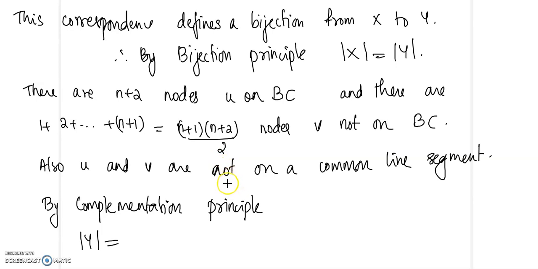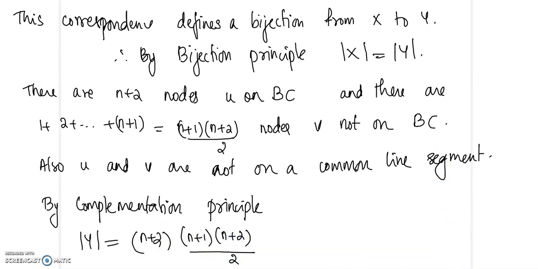So the number of parallelograms which we can form using U and V, that is, we select one element from U and one from V, will be given by n plus 2 into n plus 1 into n plus 2 by 2.